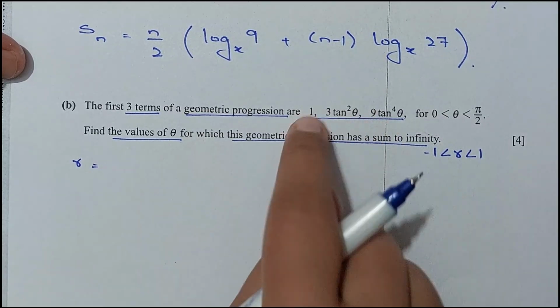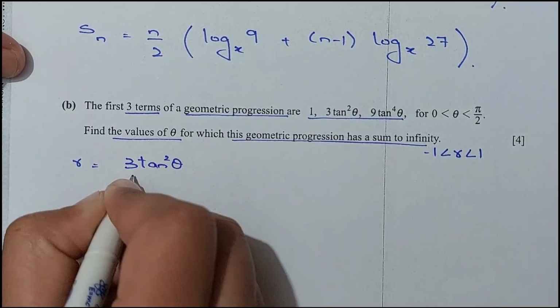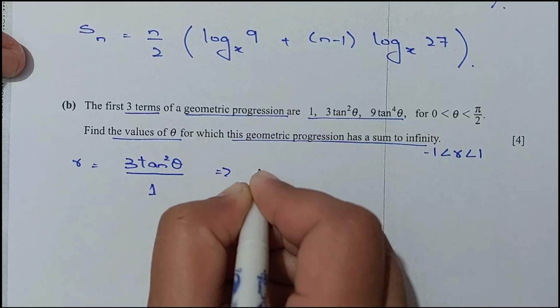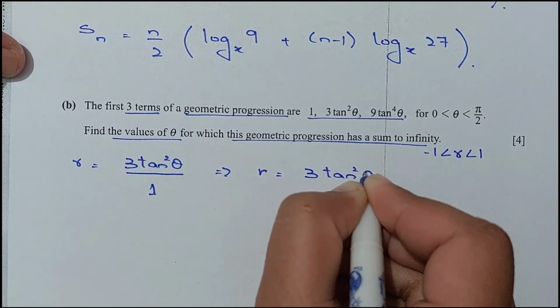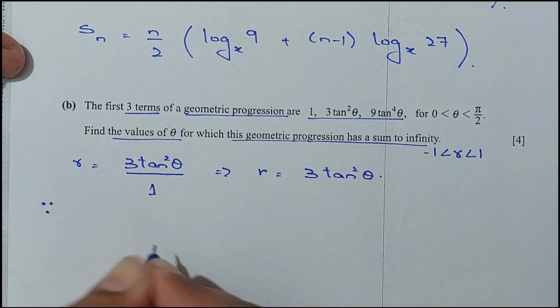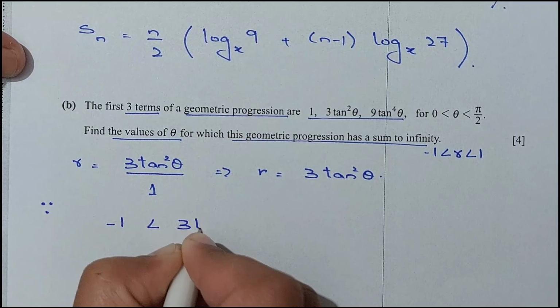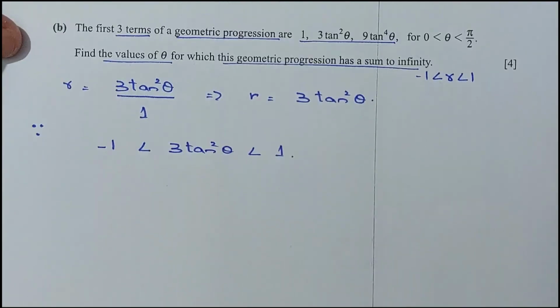The second term over the first term is 3 tan squared theta. So the common ratio r is 3 tan squared theta. Okay, so for sum to infinity, we can say minus 1 is less than r is less than 1. So let me solve for theta.